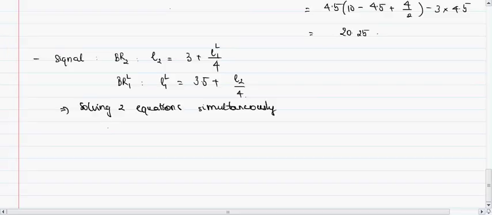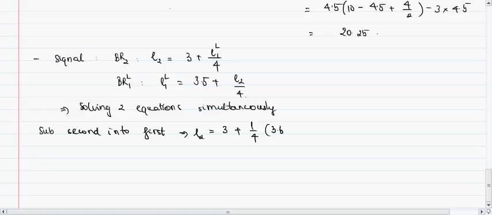then if we substitute one into the other, I'll sub the second into the first, then I'll get L2 equal to 3 plus L1 divided by 4, which is a quarter of L1, and L1 is just equal to 3.5 plus L2 on 4.